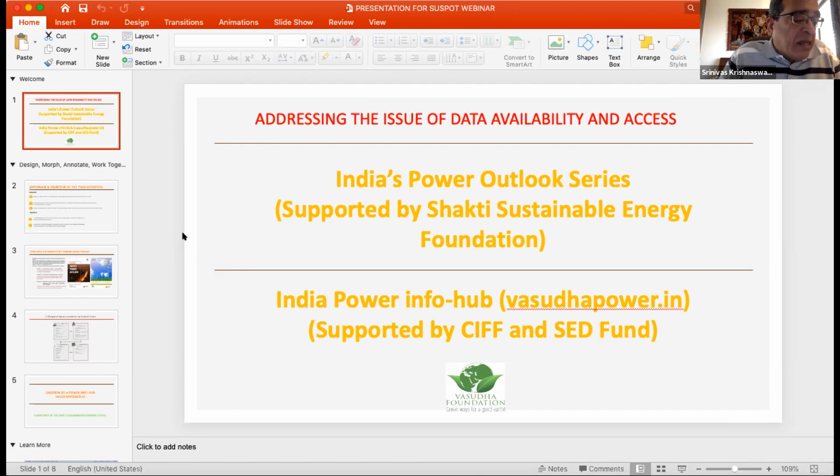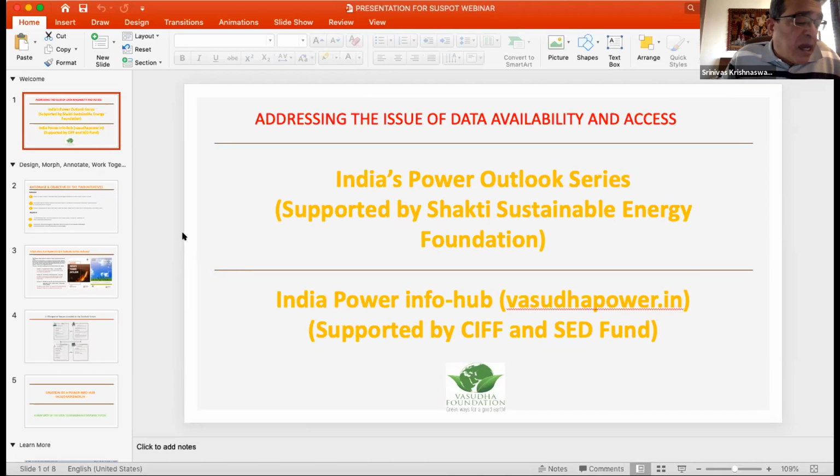But the biggest challenge is, one, that most of the information is available at the national level and not necessarily at the state level. In a few cases, yes, but not always. Two, the data that is available is not in a granular form. Three, the data is not very recent.